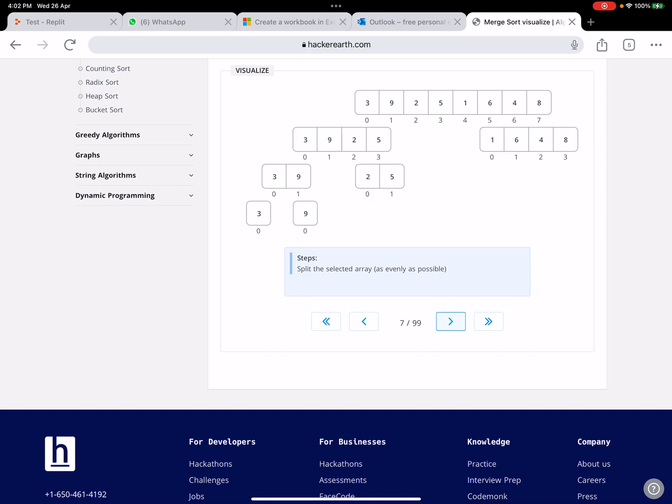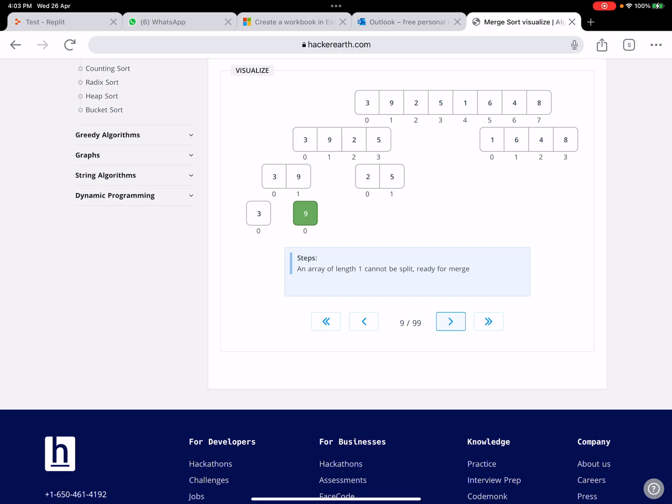Every array is 1 element, and then the array with 3 is sorted. If the array size is 1, we don't need to sort it, right? It's already sorted. Same with 9, it's the only element in this array, so it's sorted.